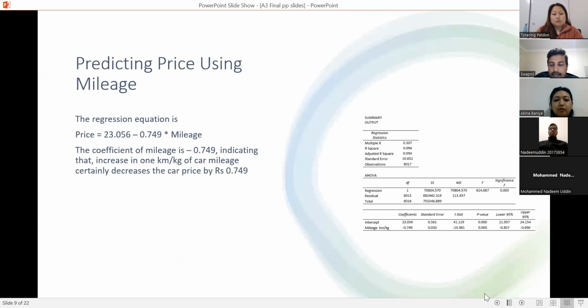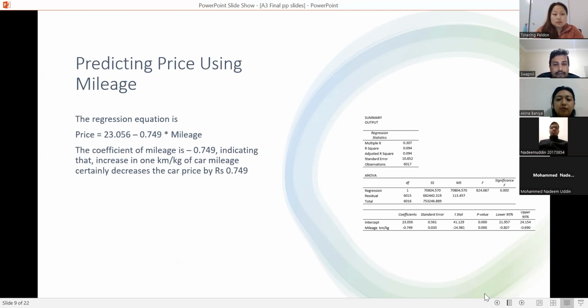And let's talk about the next slide, which is predicting price using mileage. The regression equation is price equals 23.056 minus 0.749 mileage.